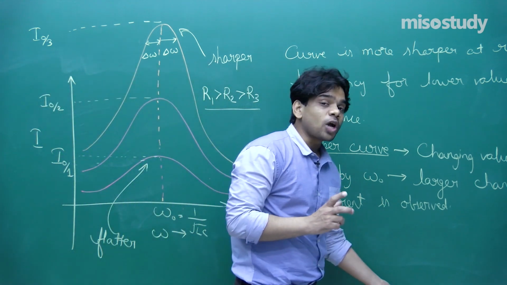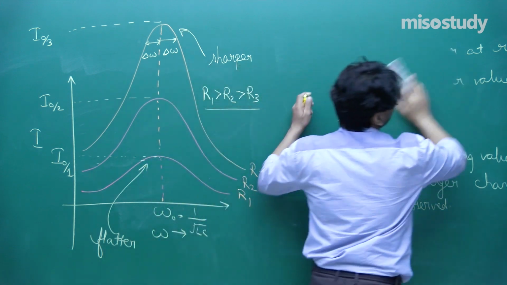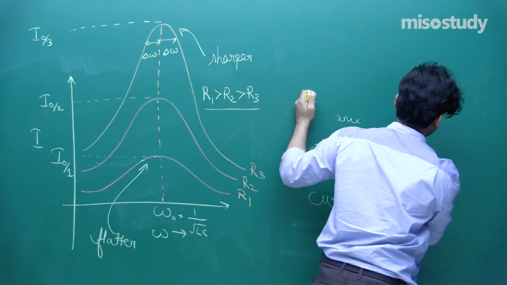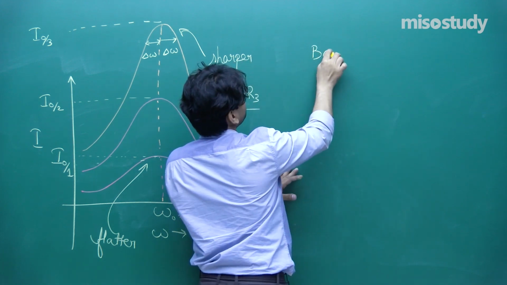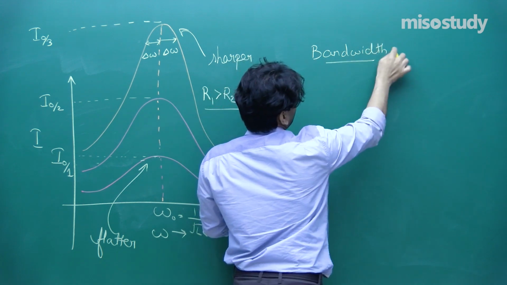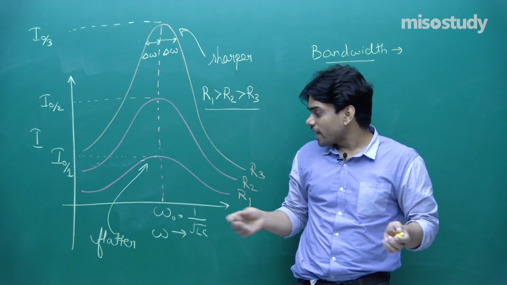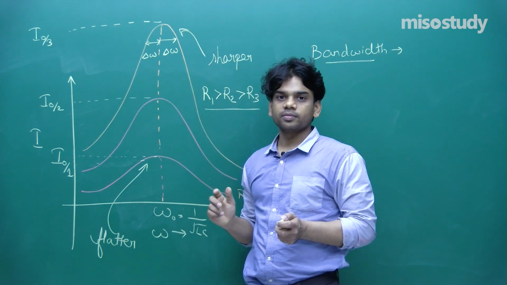Now I was saying that for a sharper curve, we are going to have more change in current for the change in angular frequency. Let's talk about bandwidth. We have changed the value of omega through a very small value, delta omega here and delta omega here.